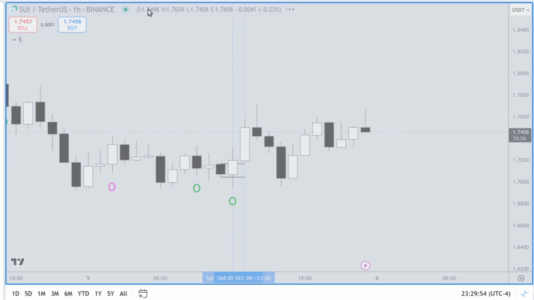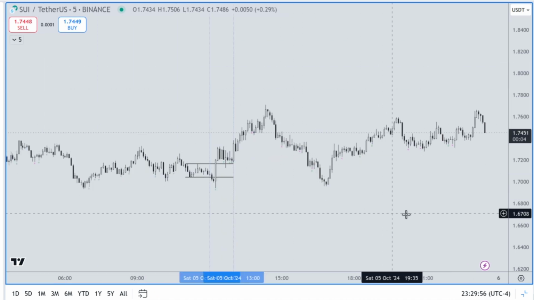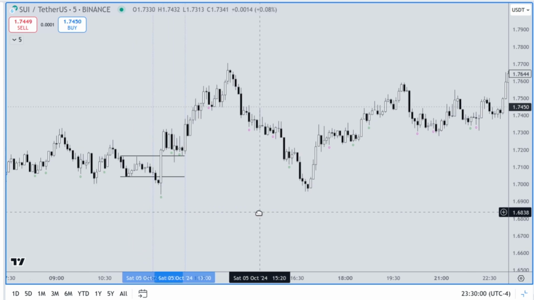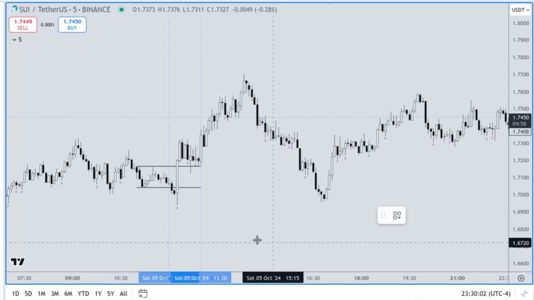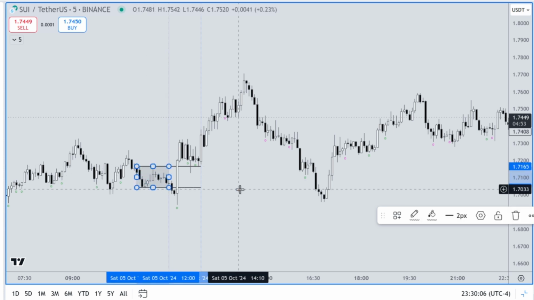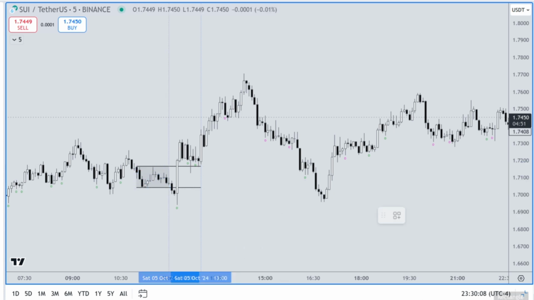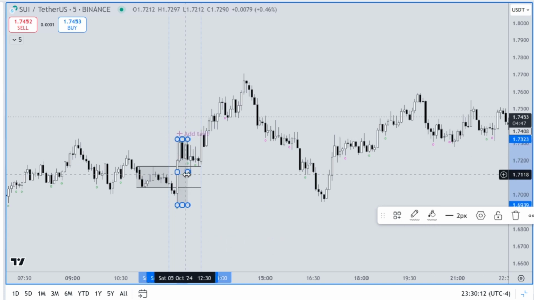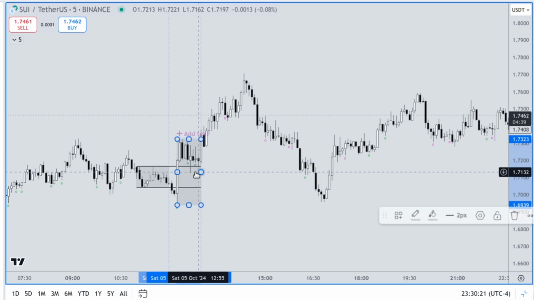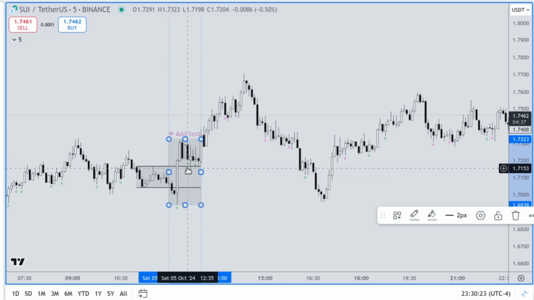Look at this. If we go to 5 minutes, we have a range here, and the next candle, right, that is from 12 p.m. to 1 p.m., it's an outside bar, right?